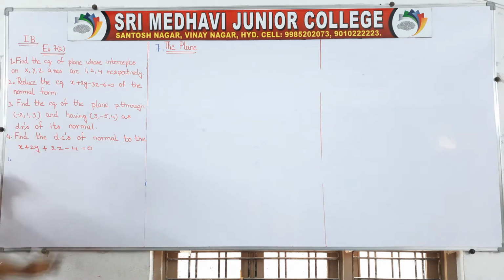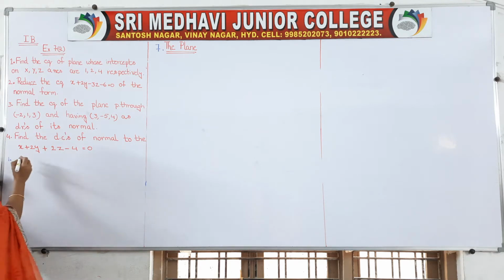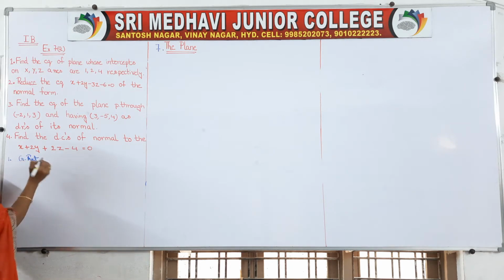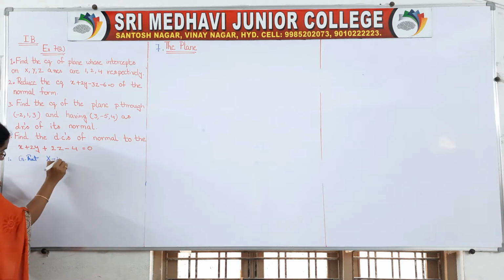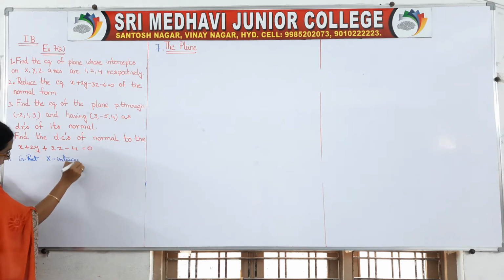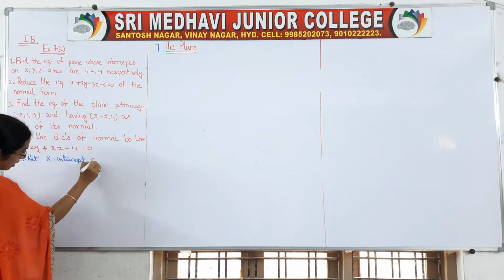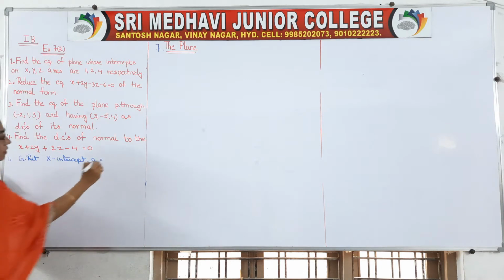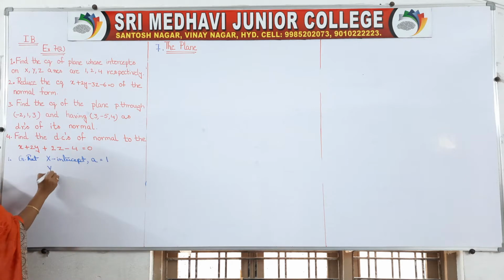First one: find the equation of the plane whose intercepts on x, y, z axis are 1, 2, 4. So first write down the given information. Given that the x-intercept, denoted by a, is equal to 1.